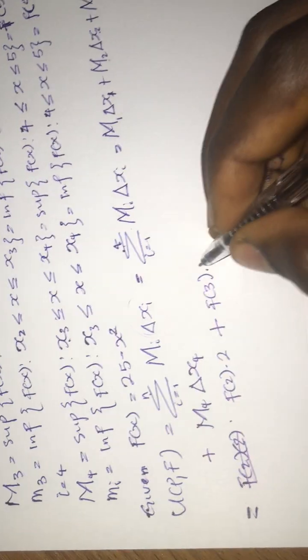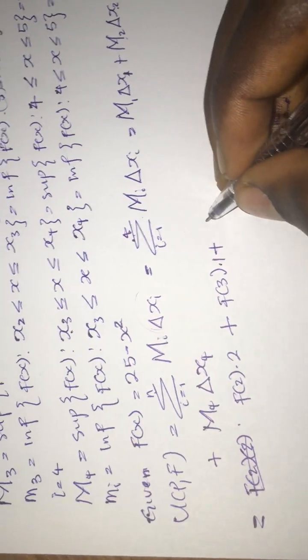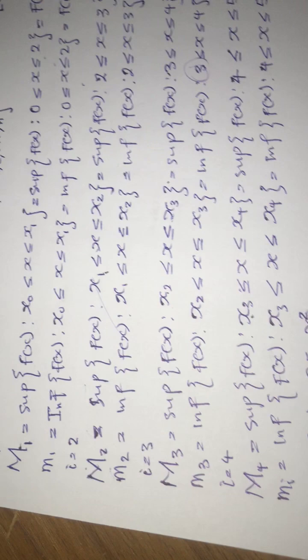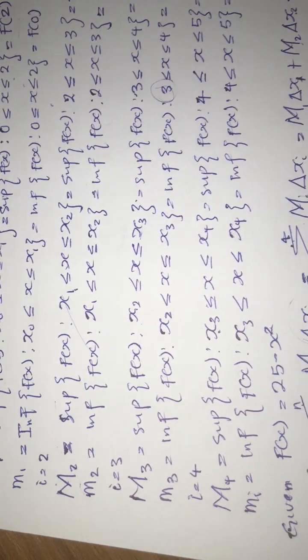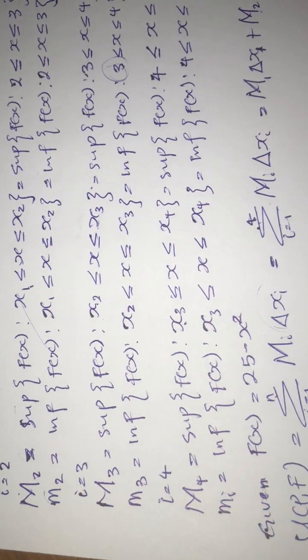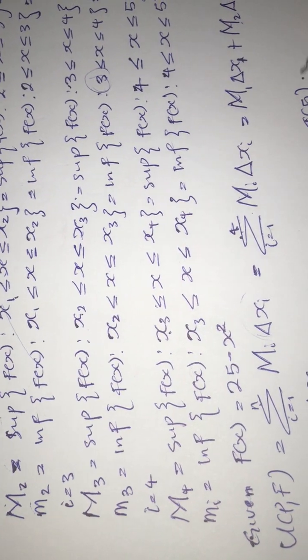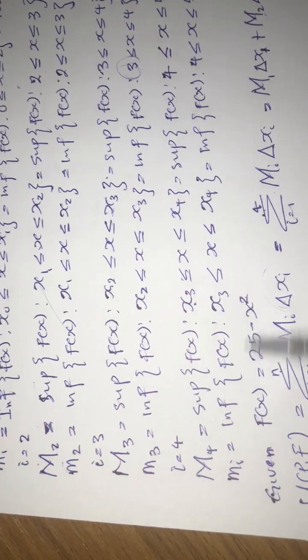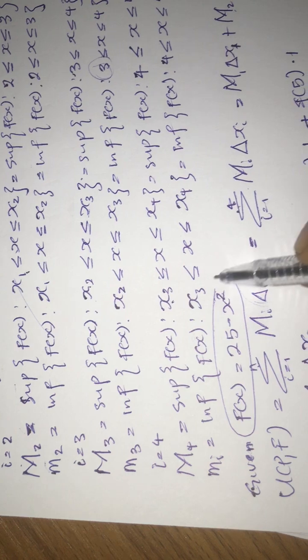Our delta x2 is 1, so times 1, plus our M3. M3 is f of 4, and delta x3 is 1. Now plus M4, what is M4? f of 5. Our delta x4 is 1.